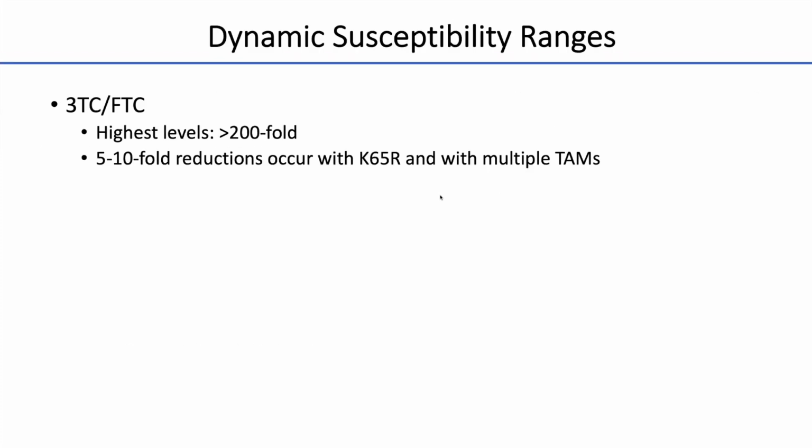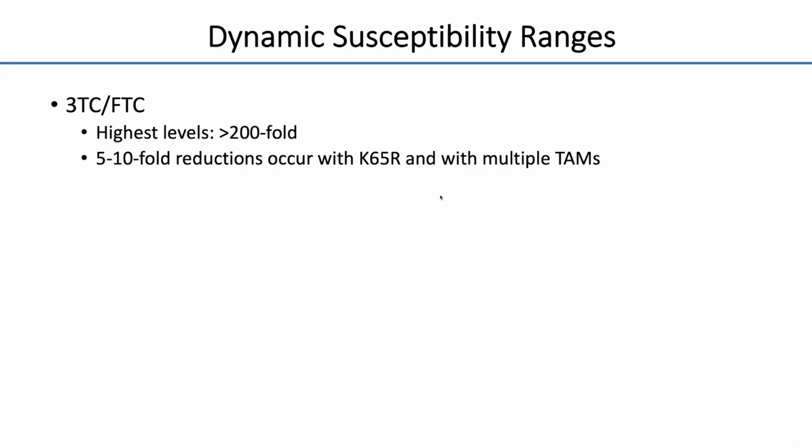Now, often virologists will speak about the fold reduction in susceptibility, so it's important for clinicians to have some idea about what the different fold reductions mean. And the range in possible reductions in susceptibility and their clinical significance differs between drugs.